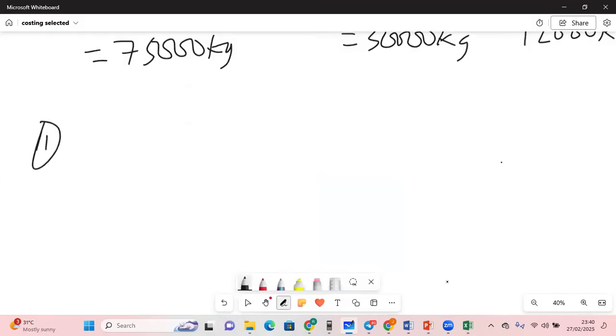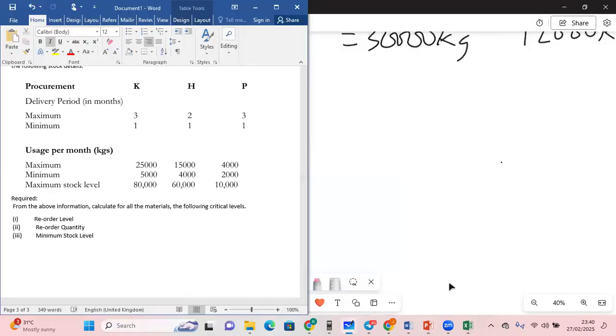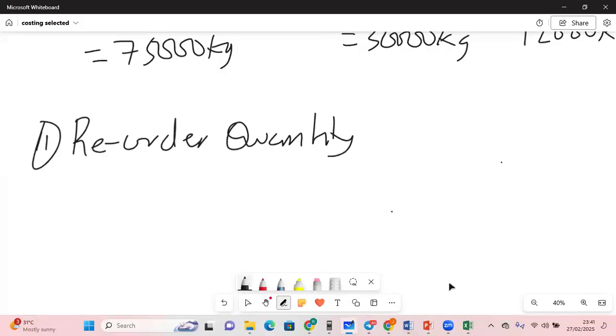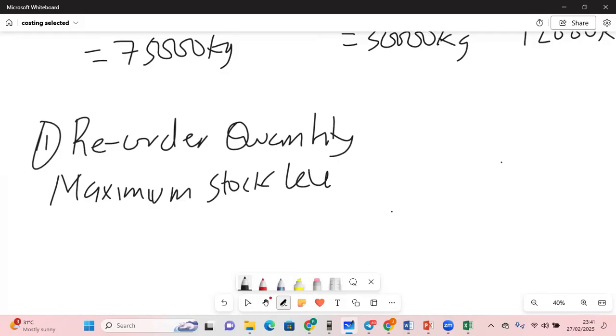The second one is saying that we should compute for reorder quantity. Reorder quantity is equal to maximum stock level, sometimes we assume this for the economic order quantity.